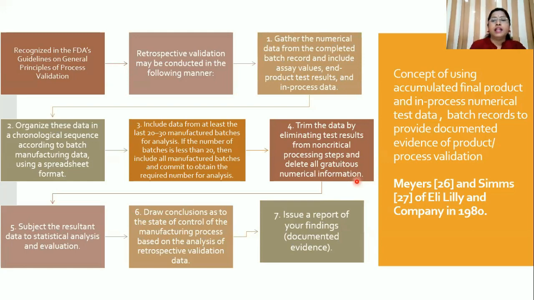Then once you have trimmed this data, next is to subject the resultant data to statistical analysis and evaluation. Right now you have the critical processing parameters data and final data, and you have to subject it to statistical analysis and evaluation.